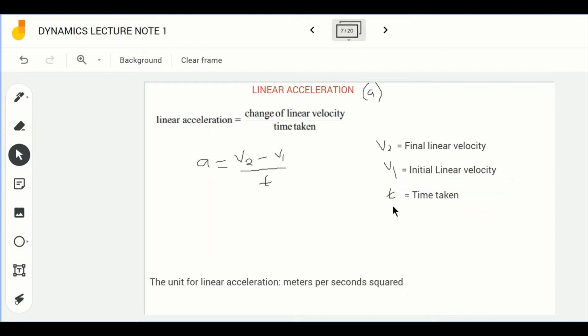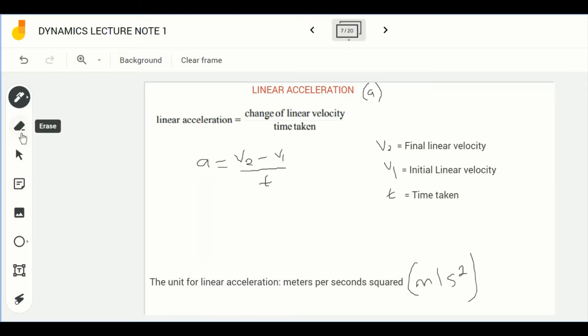Please note that the unit for linear acceleration is meters per second squared.